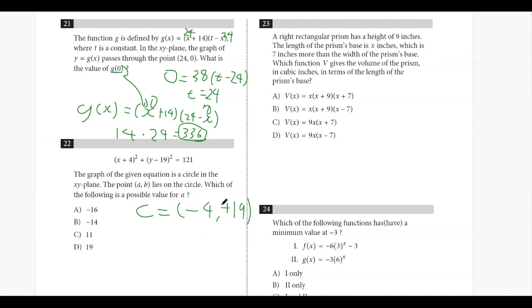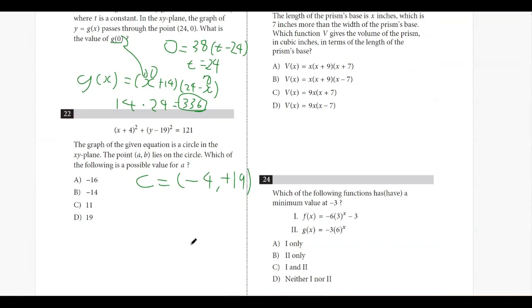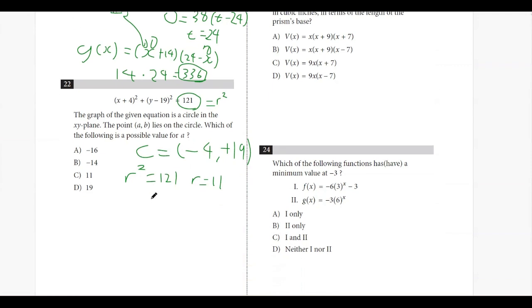So what you got to do is if we go in the x-axis, we can actually subtract or add 11, because if this is given as r squared is equal to 121, the radius is equal to 11. So I could either add in my x direction or subtract 11 in the x direction.